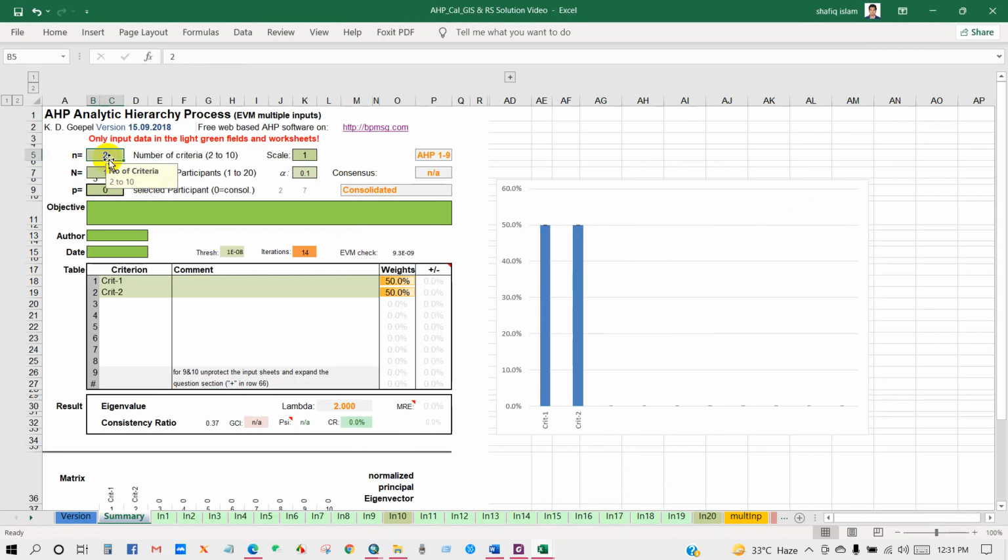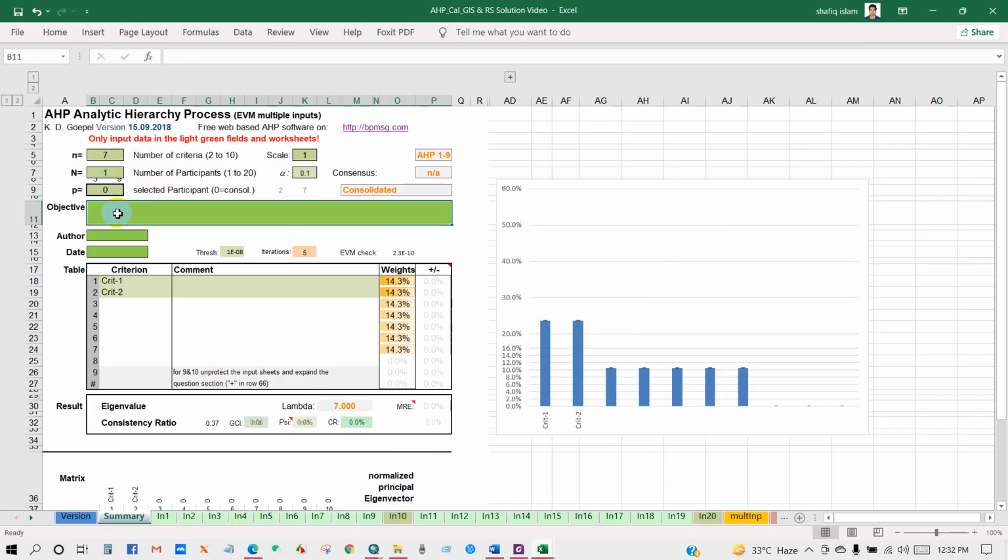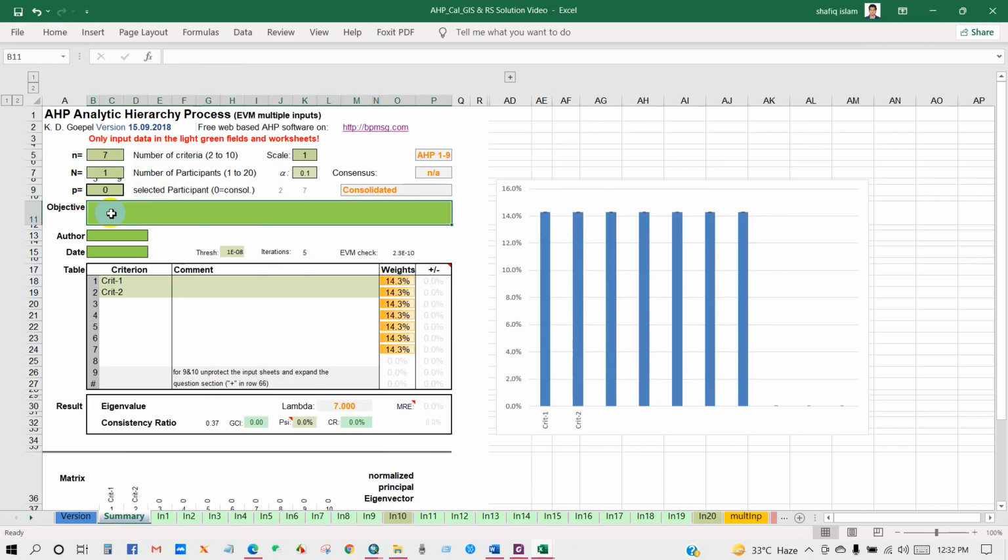So here, number of criteria. I have a total of 7 criteria. Objectives, I'm writing here: identification of groundwater potential zone using GIS and RS and AHP techniques.